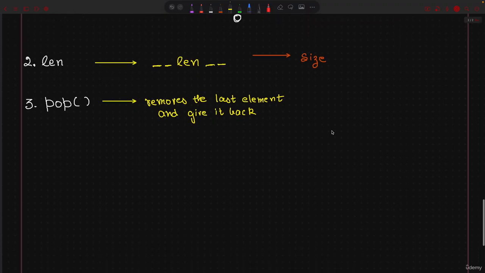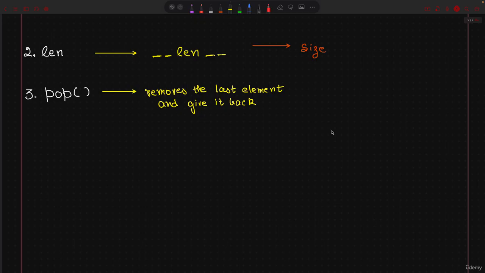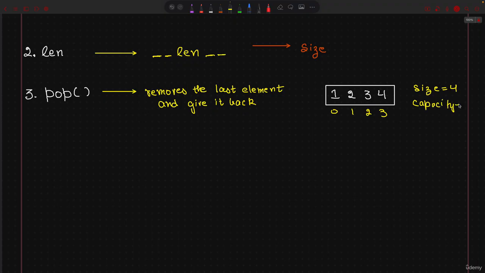Let's say I have a list which has 4 elements, something like this: 1, 2, 3, 4. The indexes will be 0, 1, 2, 3. Size will be 4, and capacity is also 4.